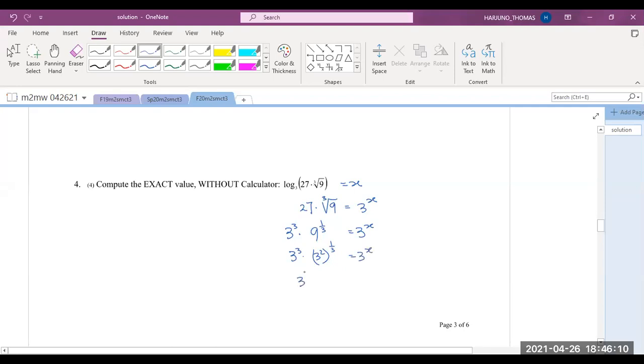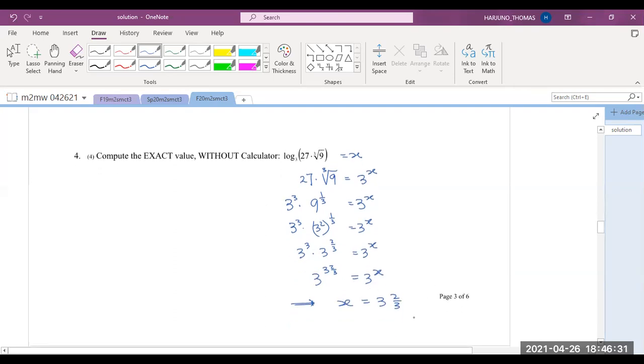So this is 3 cubed times 3 to the 2/3 equals 3 to the x. 3 plus 2/3, by one-to-one property, x is 3 2/3, or you can call that 11/3.